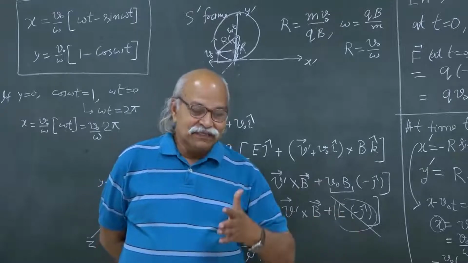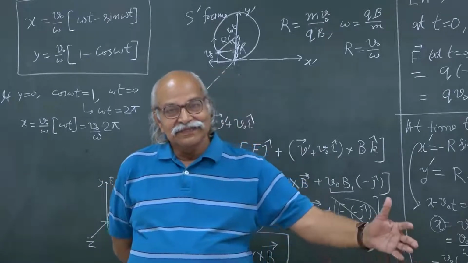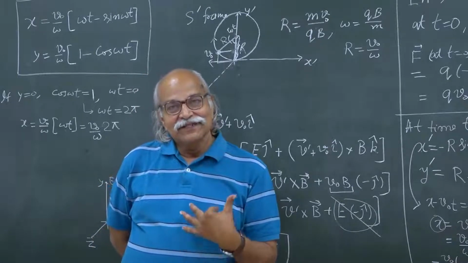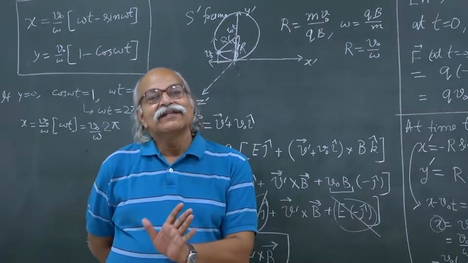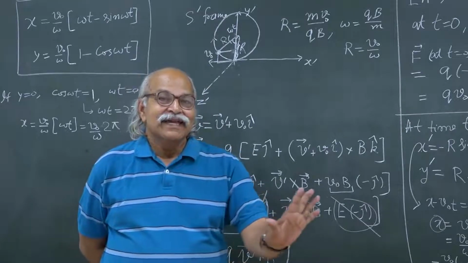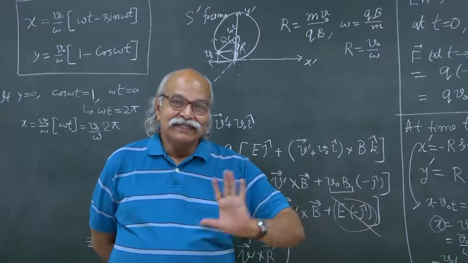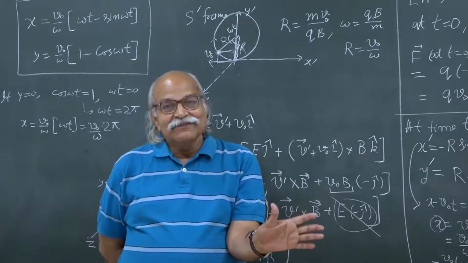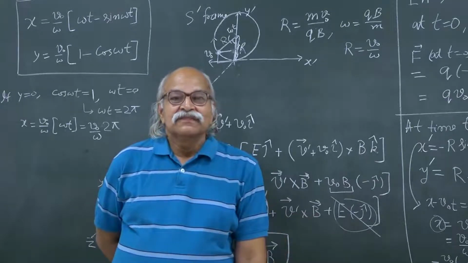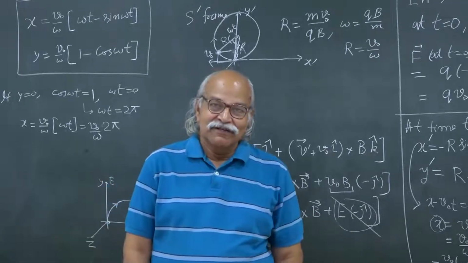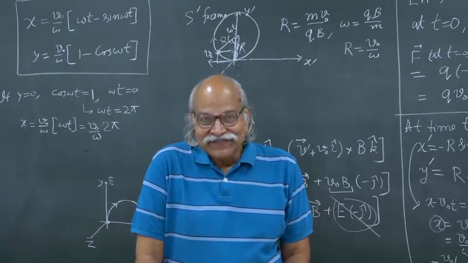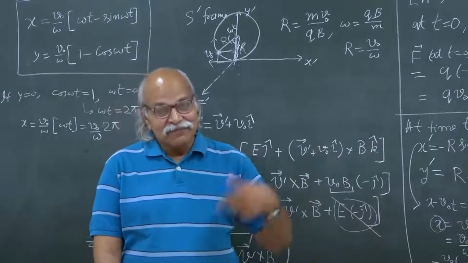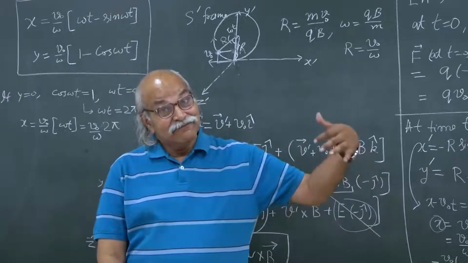We took E in y direction, B in z direction, and this frame was moving in x direction. So, it is E vector cross B vector, that is the direction. If you go in that frame, the electric field vanishes, and it is only the magnetic field, and in that magnetic field the particle goes in a circular path in that S prime frame.